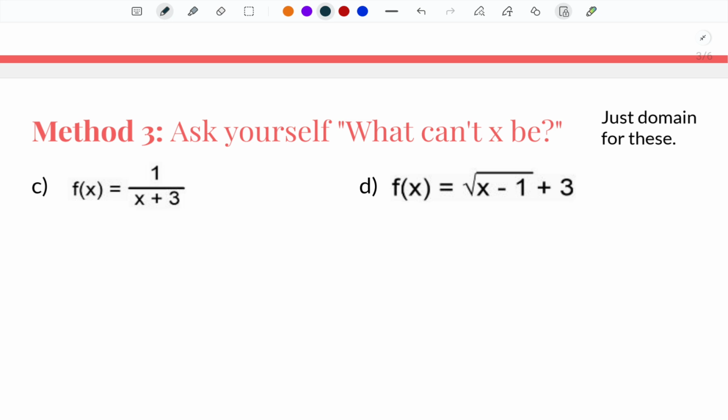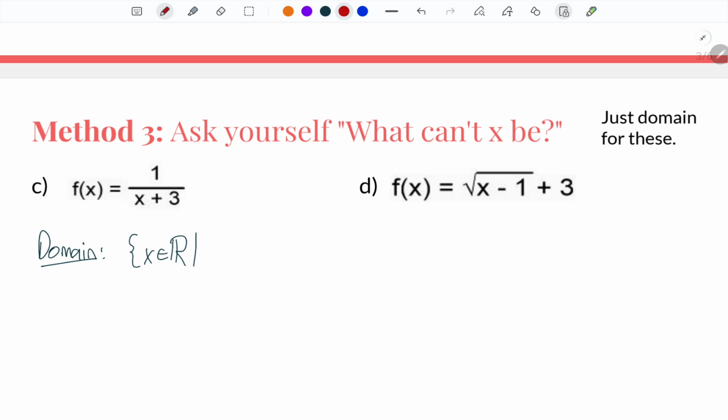And that's why typically when we're doing domain, we start with x could be any real number. But depending on the actual equation, there may be some situations where a particular x or particular x values won't work. And that's what we need to be careful of.